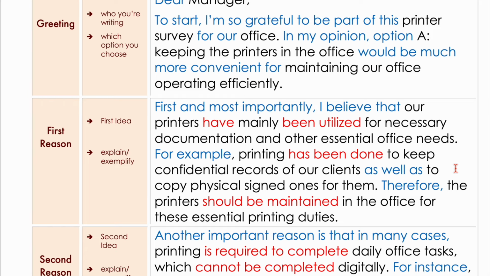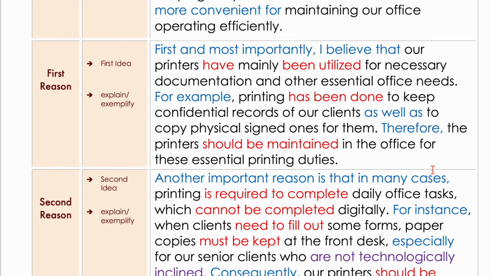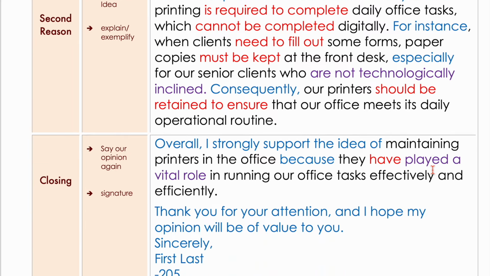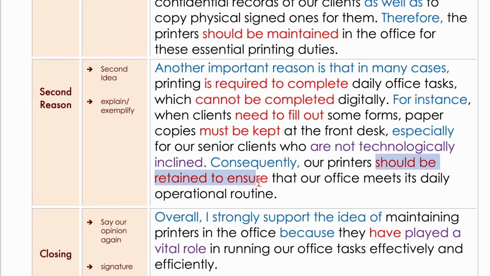Well, you can develop them, everyone, by reading this example, reading it more and more, and then typing it. Typing it as well. And let's try to understand should be retained. Let's try to understand the grammatical forms and try to make sentences similar to these ones, okay?